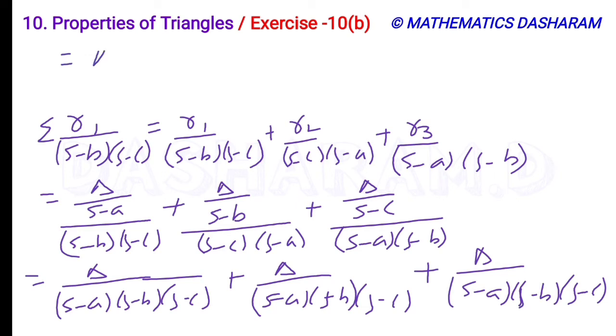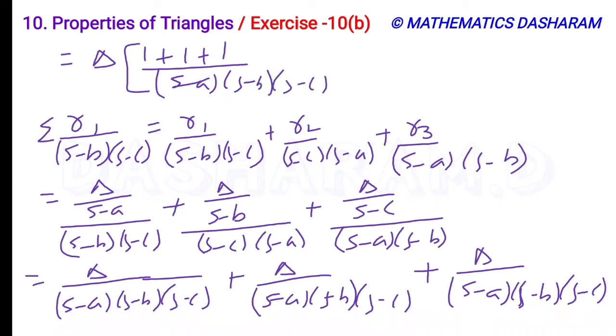Here we can take the delta common and all denominators are the same. So 1 plus 1 plus 1 divided by s minus a into s minus b into s minus c. So it is equal to 3 delta divided by s minus a into s minus b into s minus c.